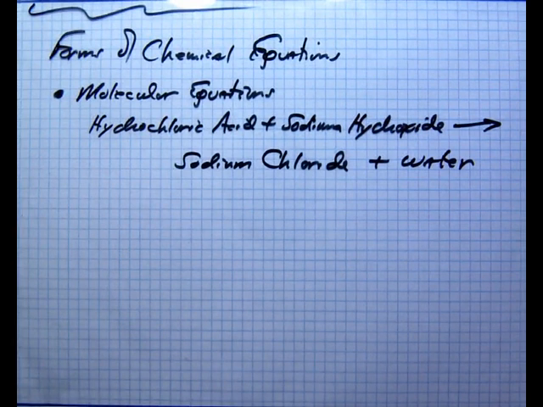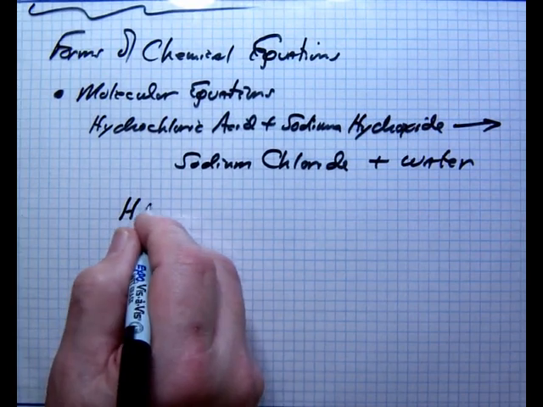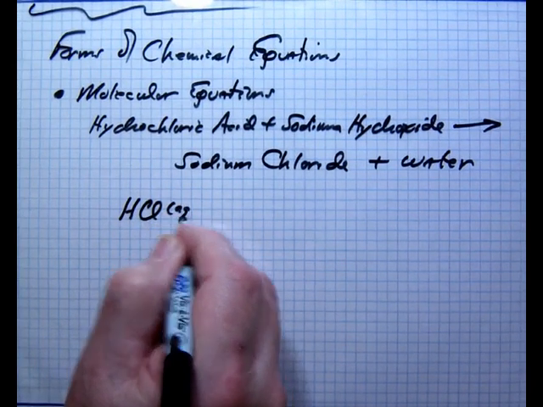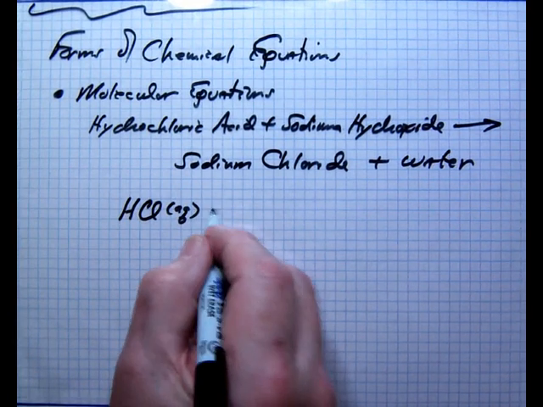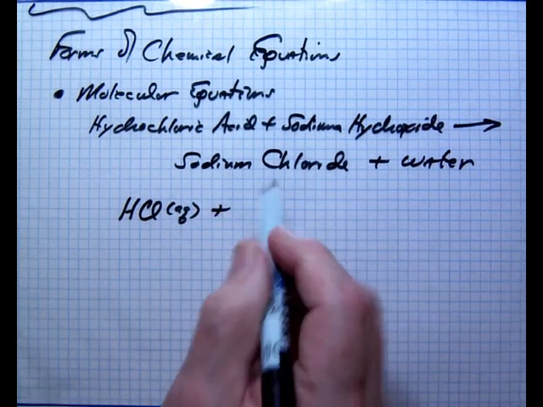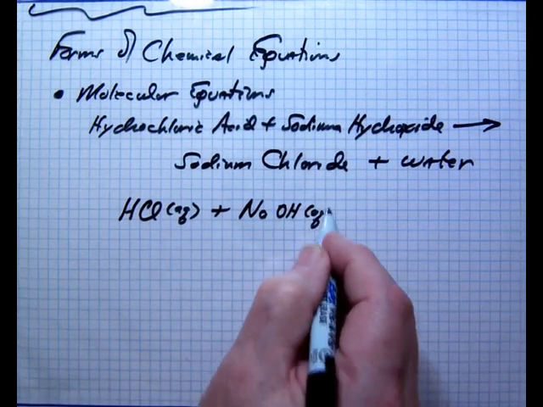So hydrochloric acid, and we look in the book, and we look up hydrochloric acid in the textbook under delta HF, and we see that hydrochloric acid in solution is written like this. AQ means aqueous, G means gaseous, L means liquid form, S solid, that kind of thing. Sodium hydroxide, NaOH, is also aqueous.